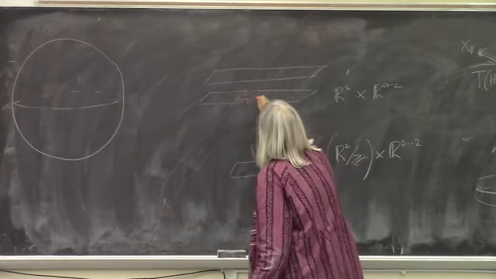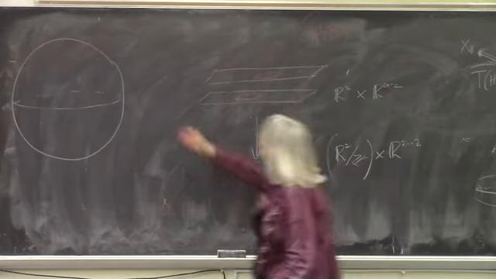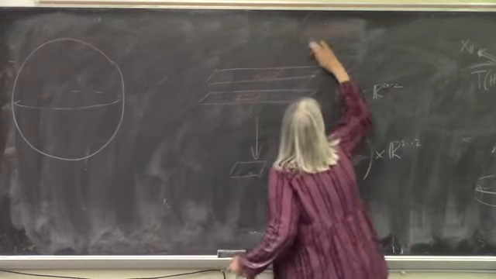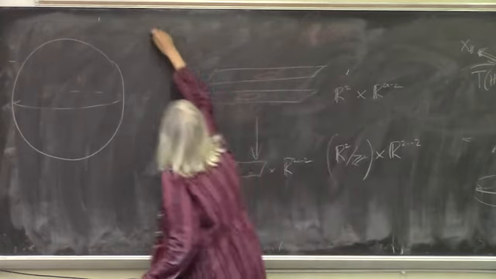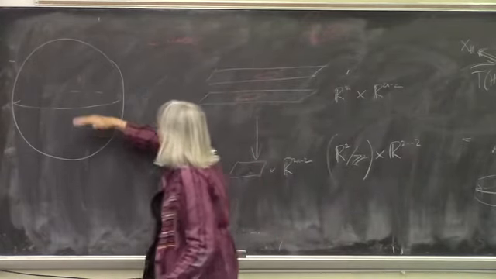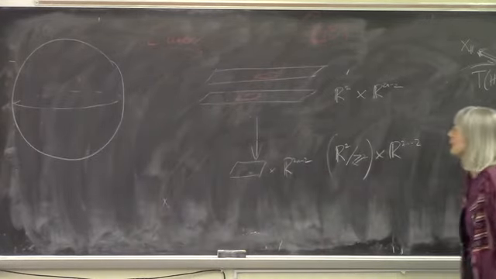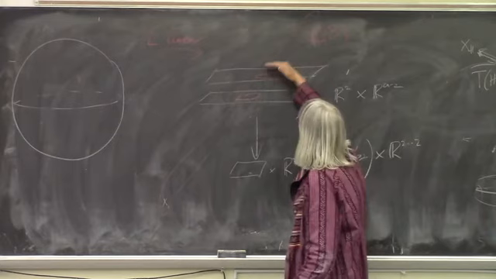And we're going to make each of these slices, if we take a linear map, this could be L, where L is linear. And so all planes intersect this in circles. So this is going to intersect this in a family of circles.